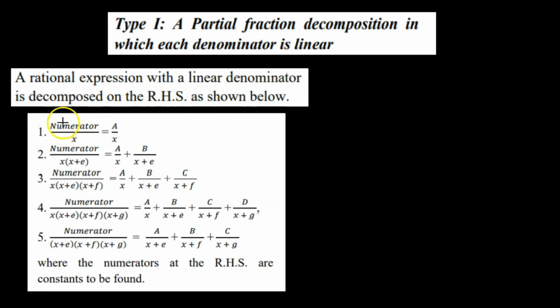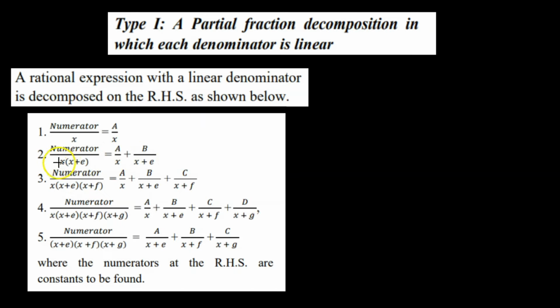What makes it a linear denominator? The highest exponent of the variable x should be to the power 1. So if I have a linear denominator of x alone, the partial fraction is a over x. If I have two separate linear functions that are different, then for the first linear factor we have a over x, and for the other, x plus e, it should be b over x plus e.